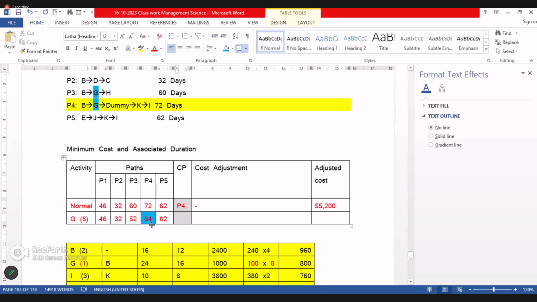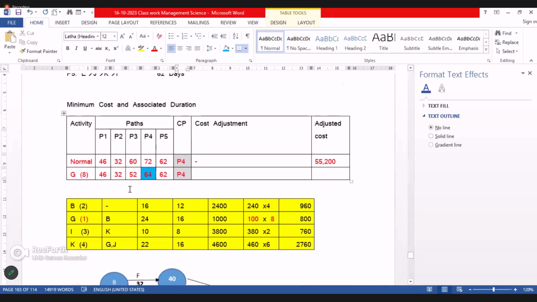Now look at the cost. What is the effect of this?